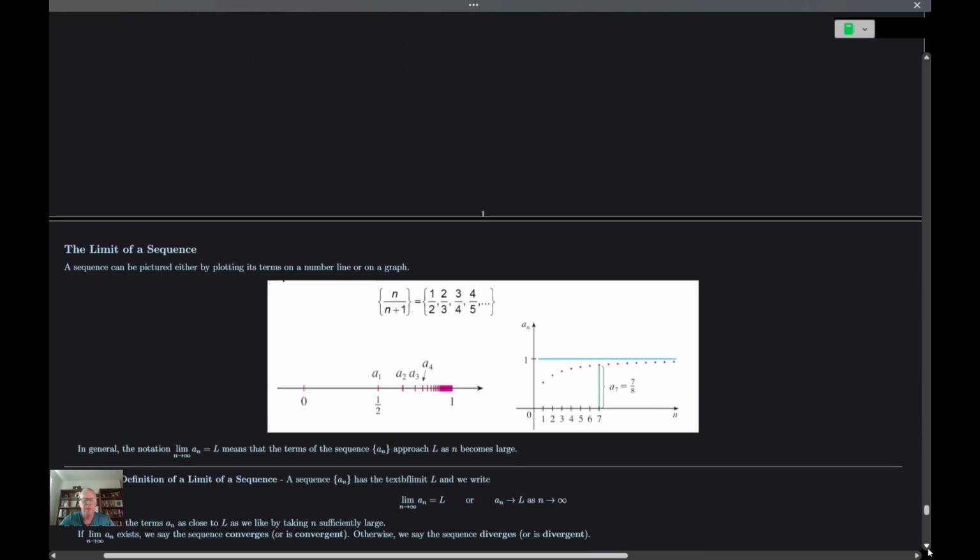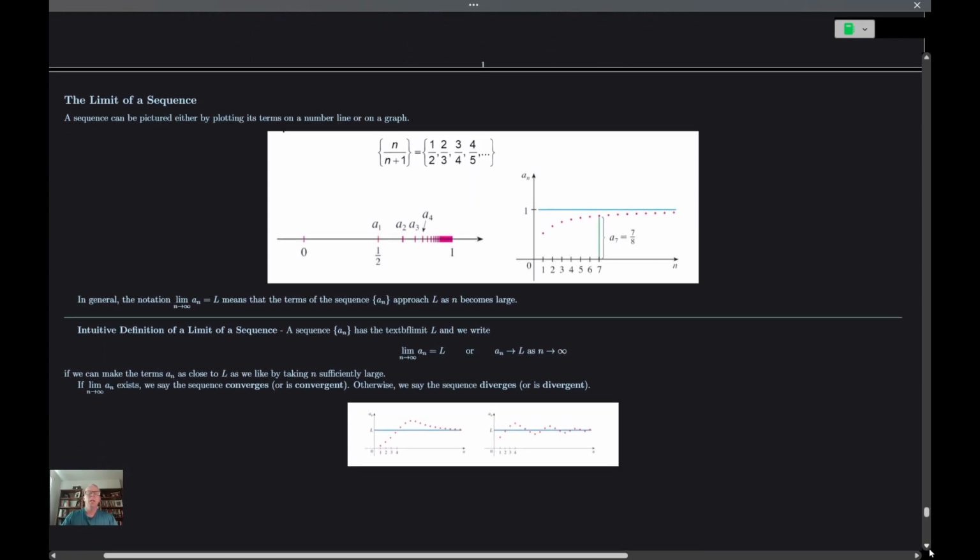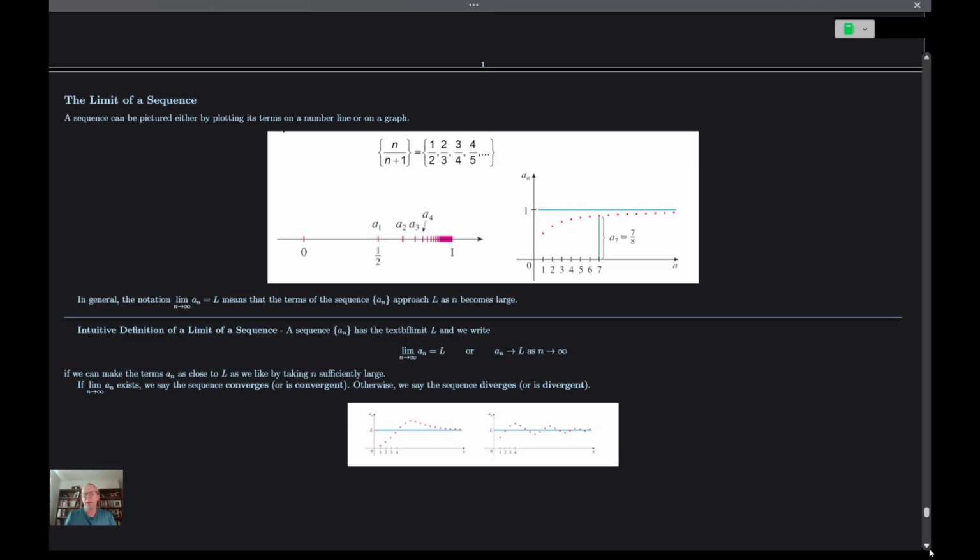All right, so next we have what's called the limit of the sequence. And this is really what we're more interested in for this class. We know what a limit is from Calculus 1. So the limit of a sequence is: where are the terms of this sequence going eventually?